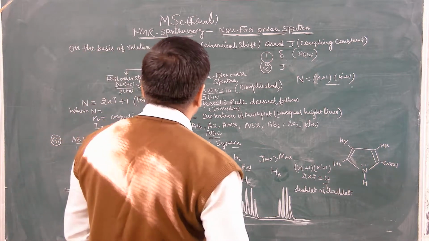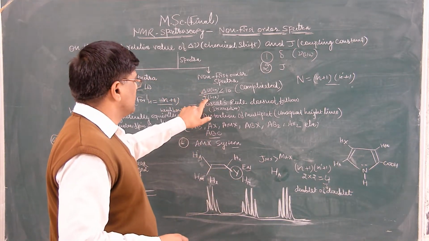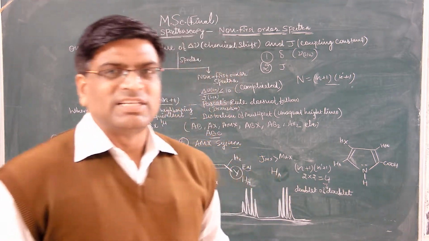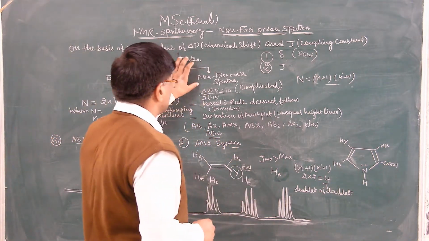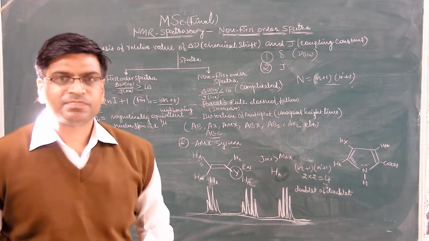On the other hand, where the ratio of chemical shift and coupling constant values is less than 10, this type of spectra is called non-first order spectra.